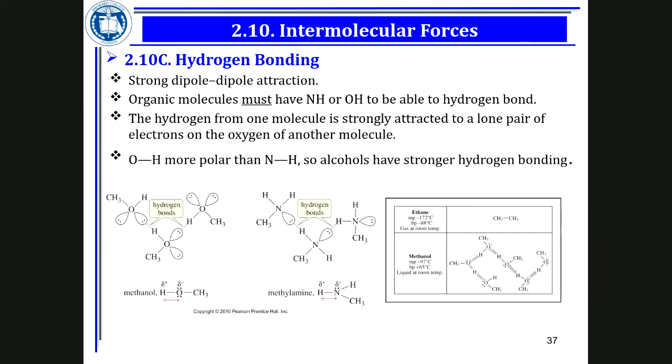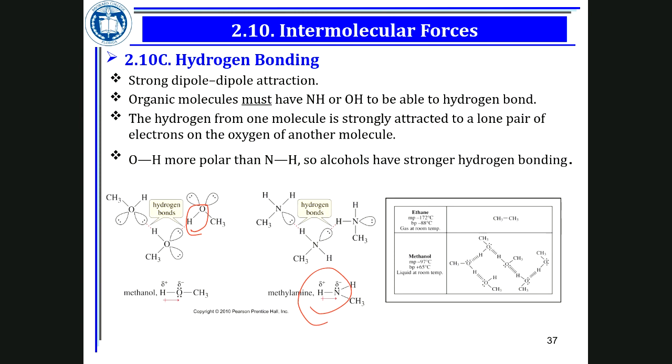We talked already about hydrogen bonding, so we're just going to make sure you understand that hydrogen bonding is between oxygen of one molecule and hydrogen of another molecule, or hydrogen of one molecule and nitrogen of another molecule. So you must have an NH bond or an OH bond for the molecule to give you hydrogen bonding. Now, if you have hydrogen bonding coming from OH and from NH, which one is going to be stronger?